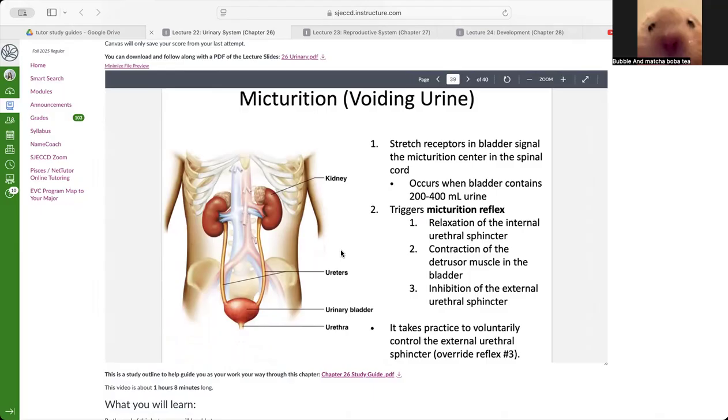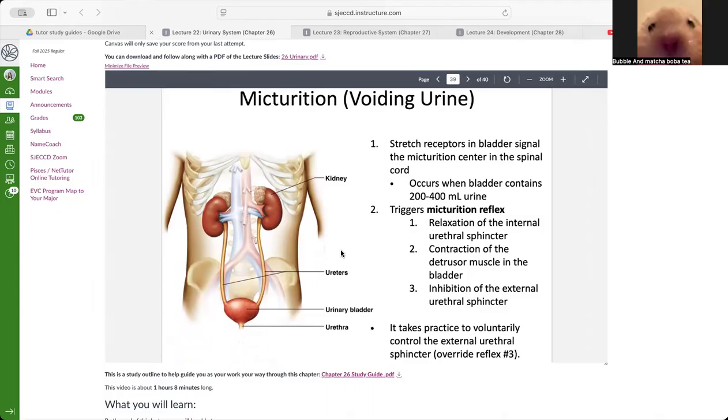So, internal urethral sphincter: you have control over the external but not the internal. When the urinary bladder is filled with urine, there are stretch receptors that signal the micturition center in the spinal cord. It occurs when the bladder holds around 200 to 400 milliliters. It triggers the micturition reflex.